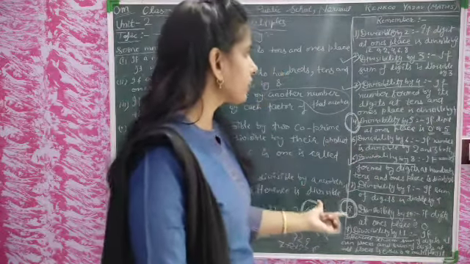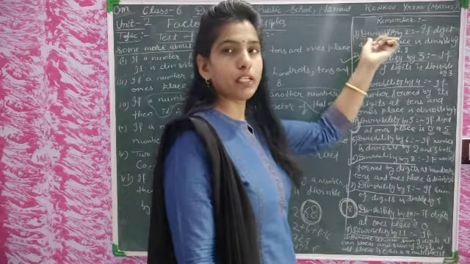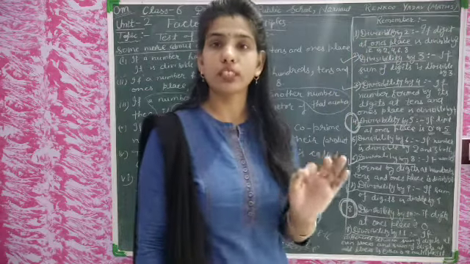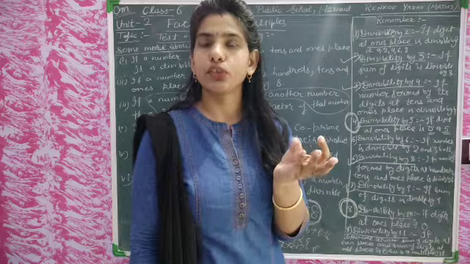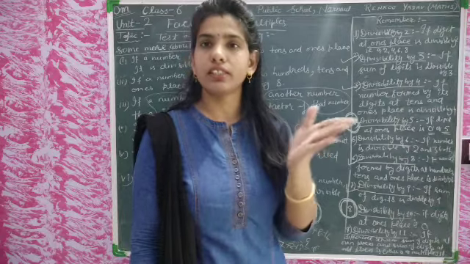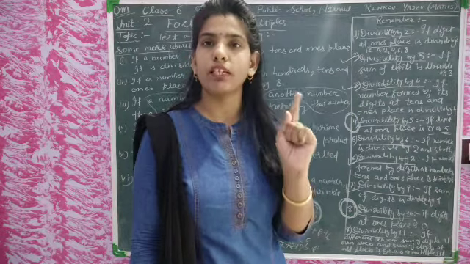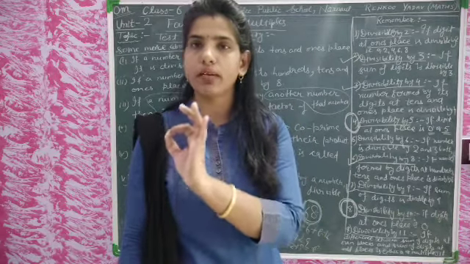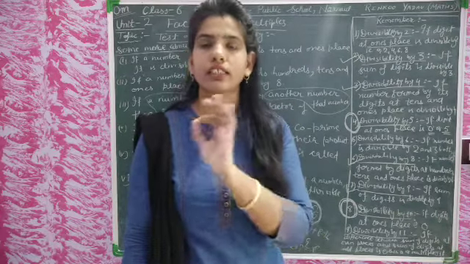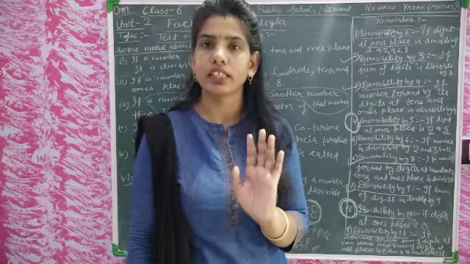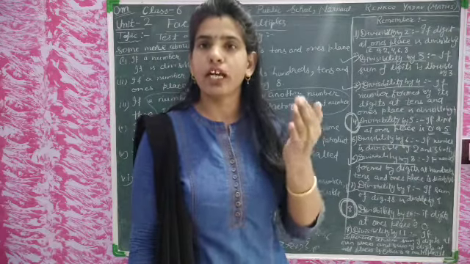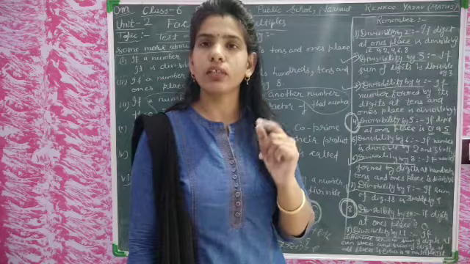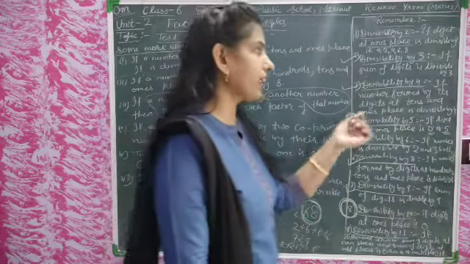Yes, all the rules are done here. Divisibility by 2: the ones place digit is 0, 2, 4, 6, 8, it means that number is divisible by 2. 3 and 9: if the sum of the digits is divisible by 3 or 9, then the number is also divisible by 3 or 9.